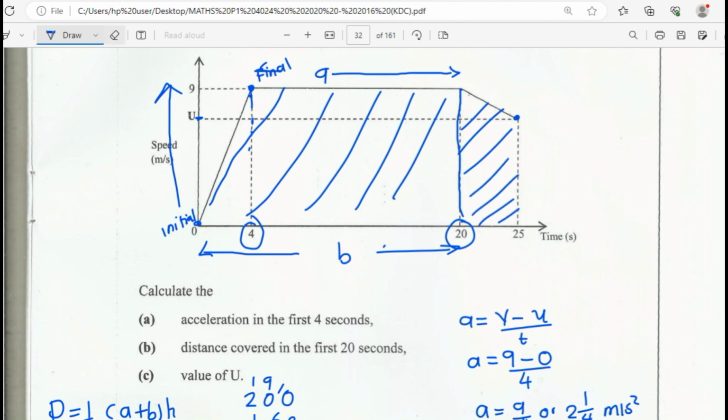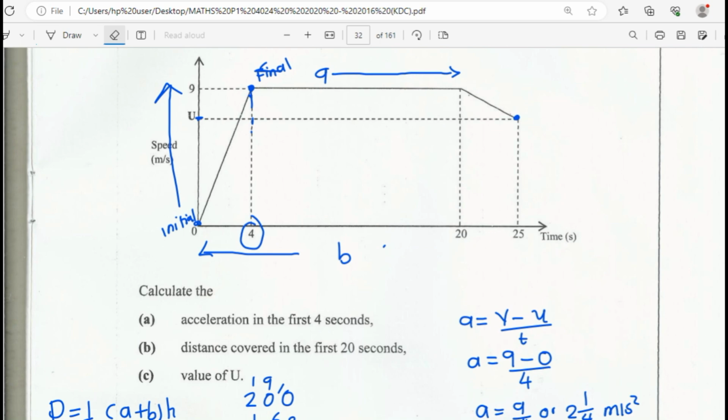So how can we solve for that? What are we going to do? Let's look at this carefully. If we are to rotate this one, you'll find that we are dealing with a trapezium. Now for this trapezium, this is our A. So our value of A, then this will be our value of B. Then from here up to here will be our height.